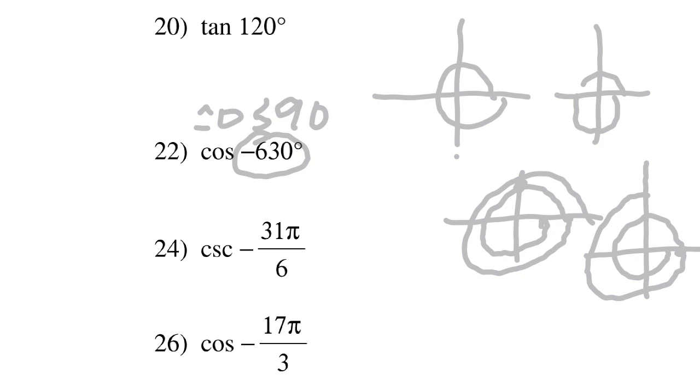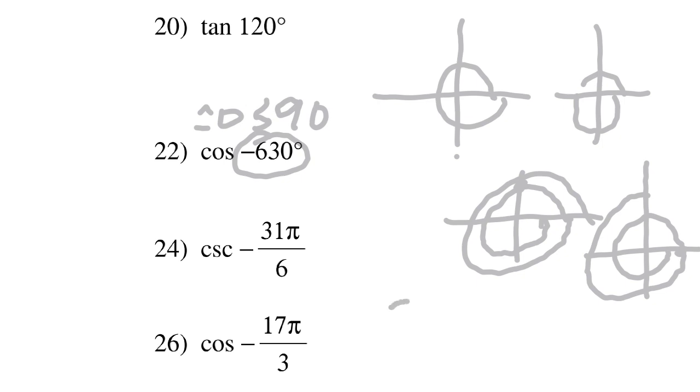So if I add 360, that's negative 270. Add another 360, that's 90. So you could have added 360 twice and then got cosine of 90 and just go to the unit circle and find that value. Okay, so that was the negative angle mark.